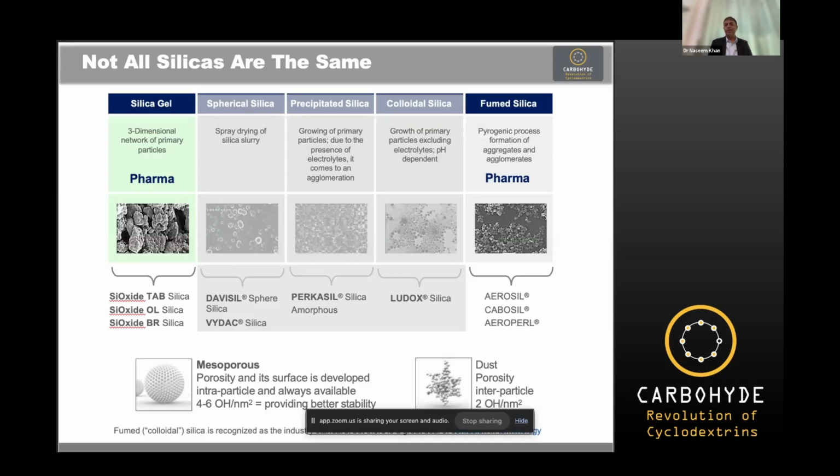That means your water content, your moisture, sticks on the surface of the silica. For countries with very high or very diverse temperatures, like Africa, India, maybe the Gulf side, if your formulation goes there you may face a problem because of temperature, since your moisture content is stuck on the surface.